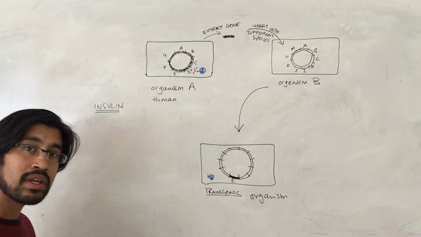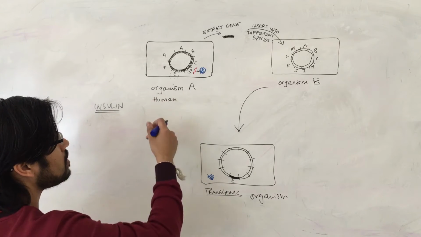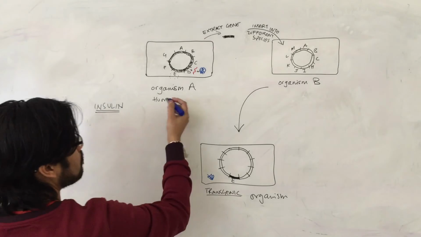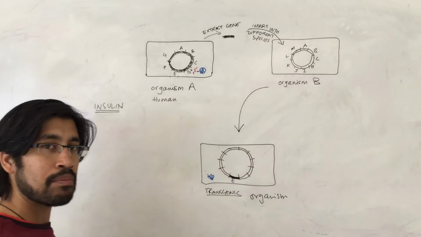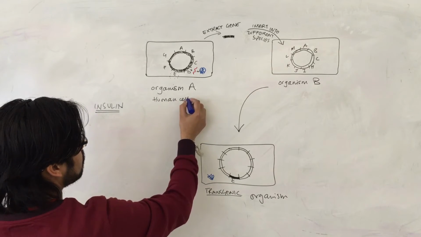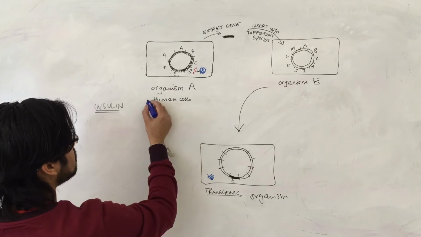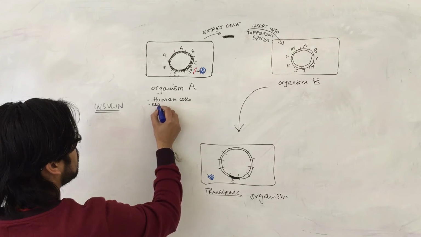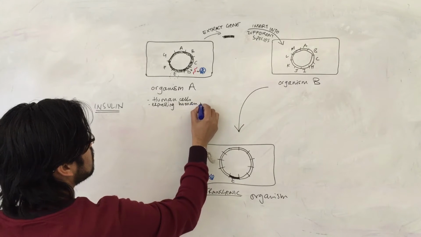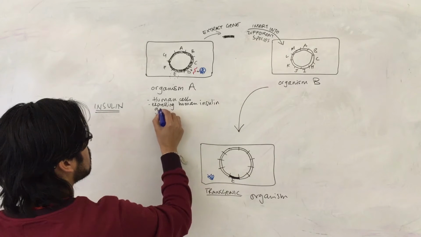Okay, and specifically we're more likely to find this gene expressed in the cells of the pancreas. So that's where we would look first, but perhaps I'll come back to that at a later stage. So we would want human cells expressing the human insulin gene.